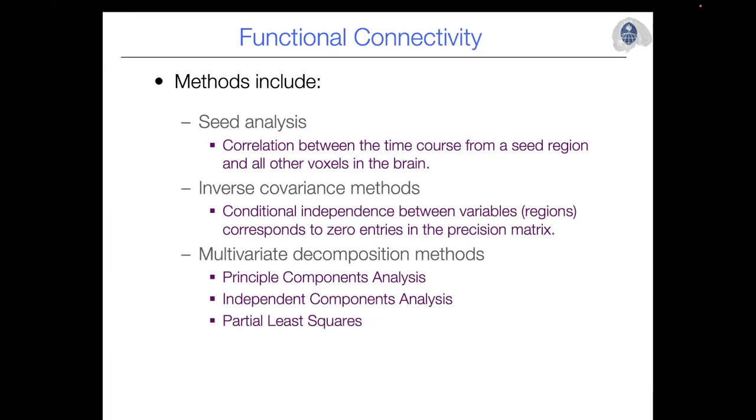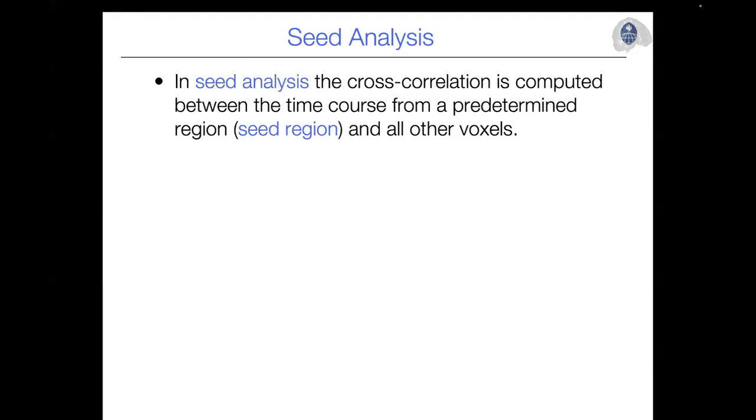There are inverse covariance matrix methods, which have been popular in statistics for the last decade or so, about finding the link between zeros in a precision matrix and the existence of an edge, yes or no. We'll talk a little about this. But I think the primary thing has been these multivariate decomposition methods, and in particular a technique called independent components analysis has found widespread use in the fMRI literature. So let me just talk briefly about these things.